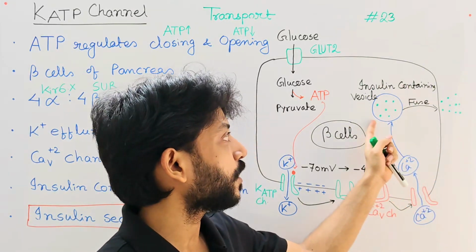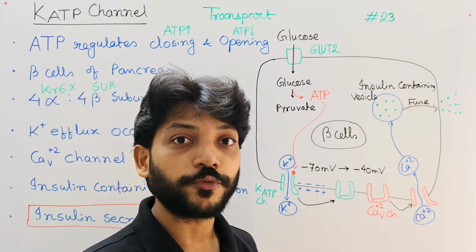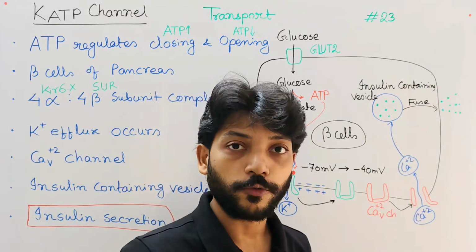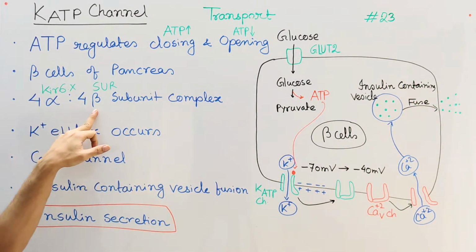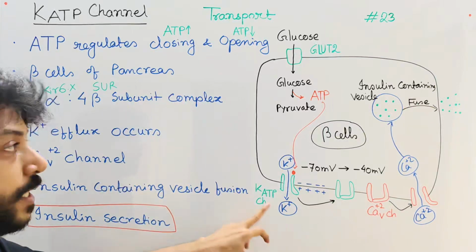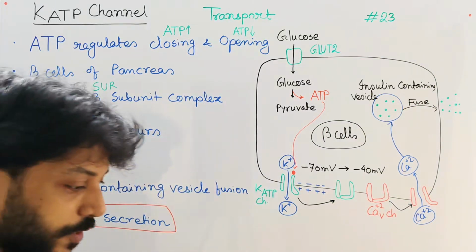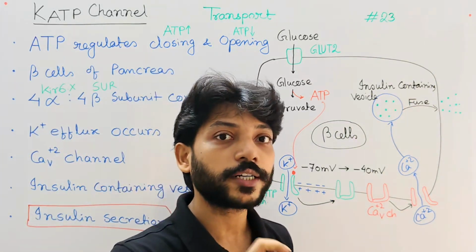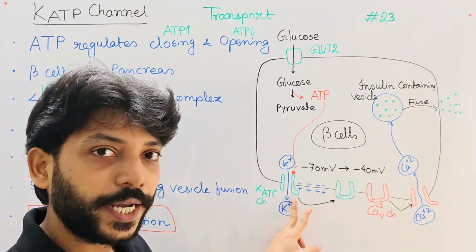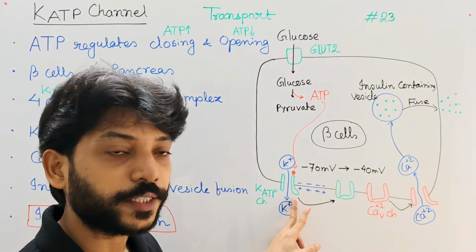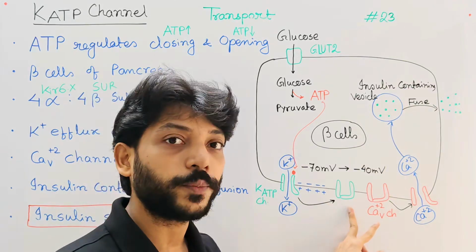Now calcium helps the insulin-containing vesicles to fuse, and insulin is secreted. I have mentioned here that the beta subunit of this potassium channel is the sulfonylurea receptor. Now the drug sulfonylurea can target this receptor. When sulfonylurea binds to this sulfonylurea receptor, it helps in the closing of the channel.